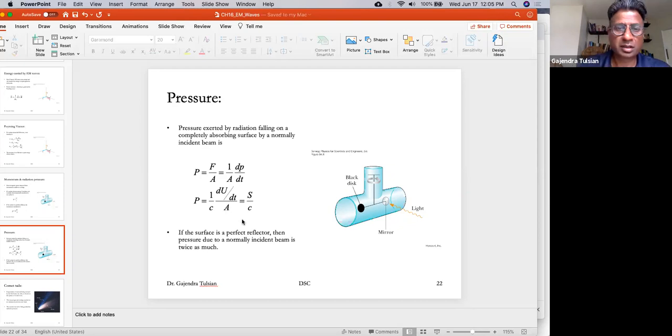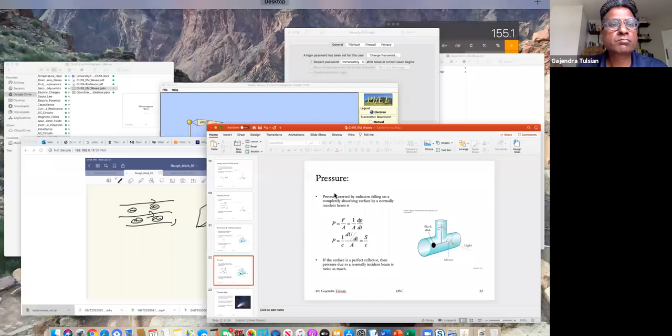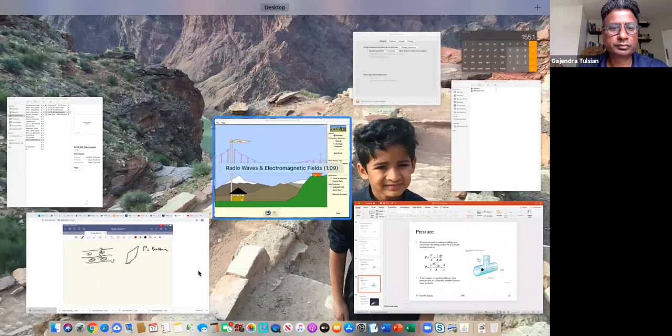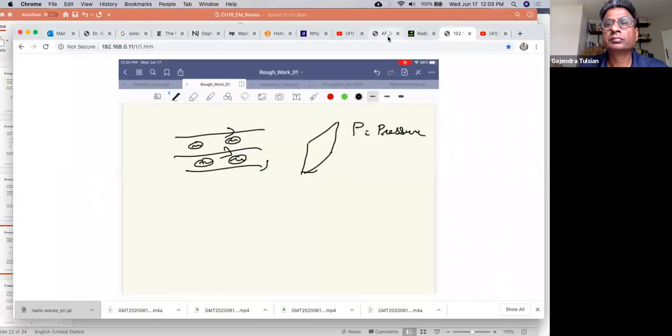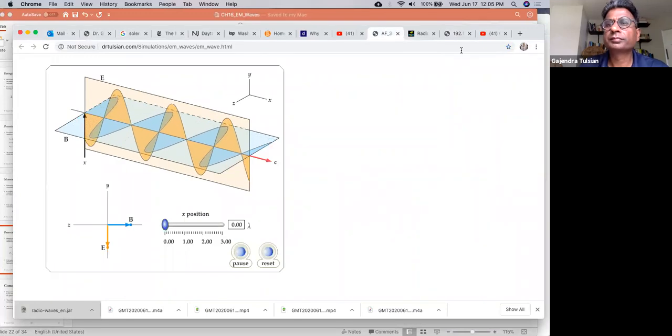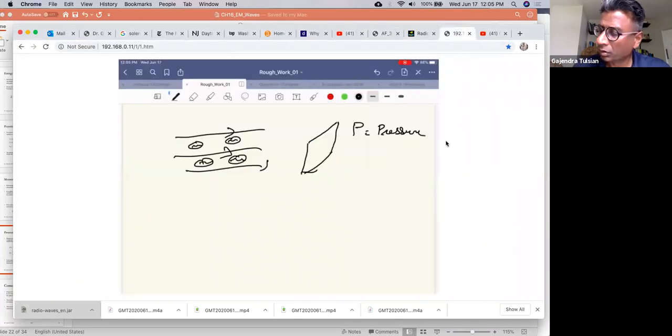Let's derive that for you. Pressure is force over area, and force, according to Newton's law, is the rate at which momentum is transferred.